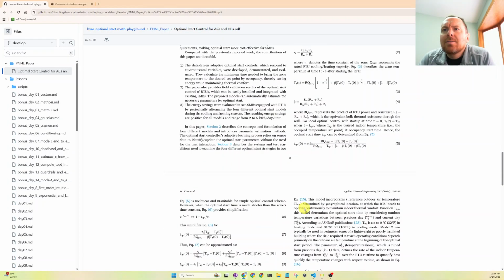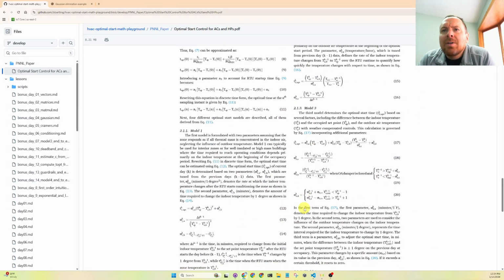In our paper, that is this right here. There's our alpha 3D, alpha 3B right here, with the weather factor, and then this is just our delta temperature, our temperature set point minus the zone temperature. So that's it.